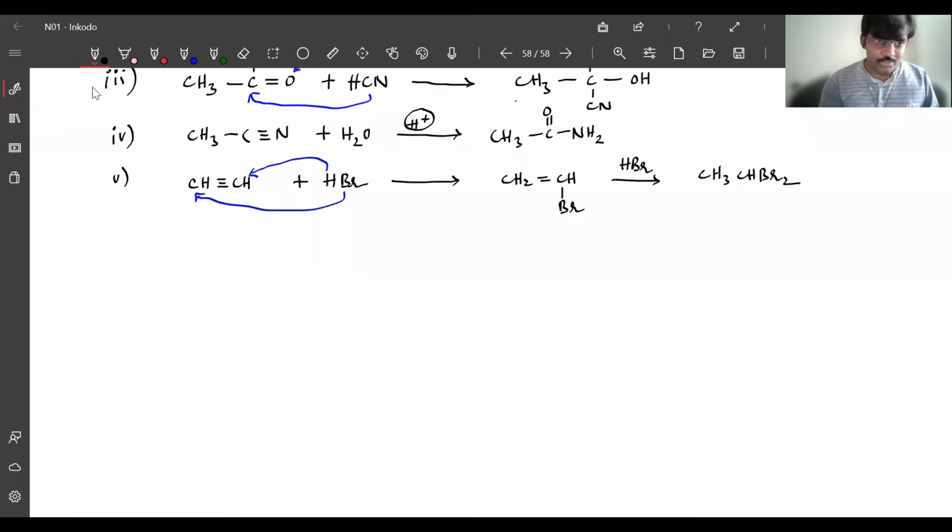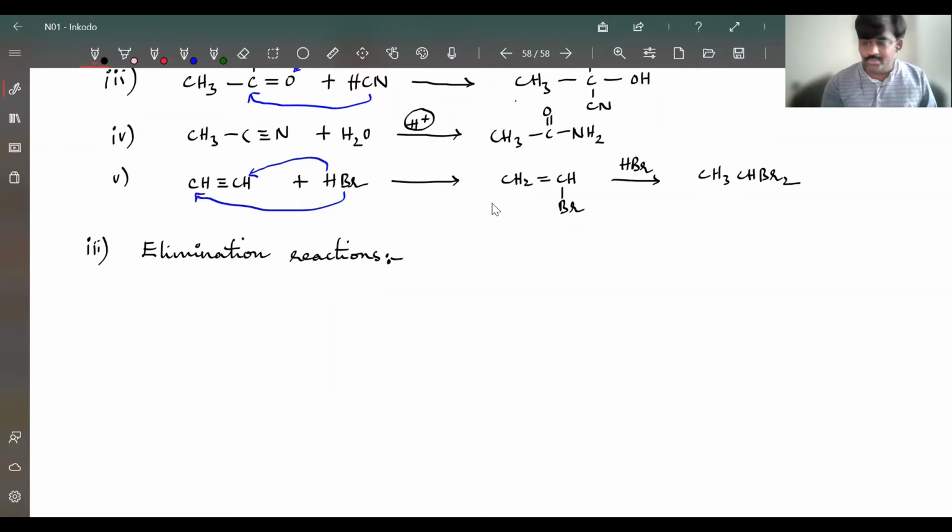So coming to elimination reactions, that is the third type of organic reactions we have. The name itself indicates that we are going to remove some elements or small compounds from the organic compound.